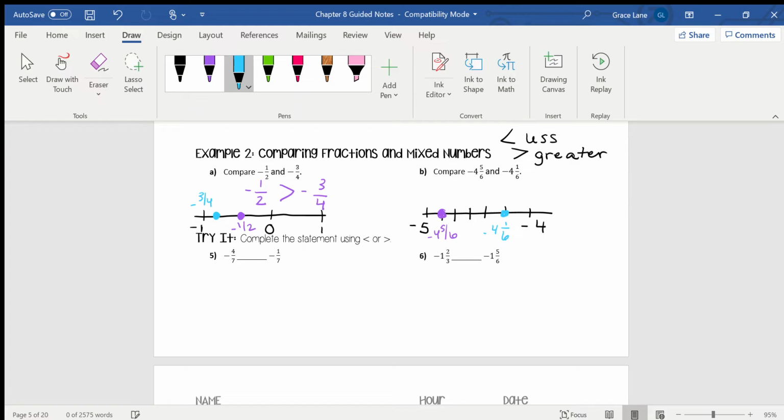And so, based on our integers, again, numbers to the left are less than. And so if you're comparing, -4 and 5/6 is less than -4 and 1/6 because it's further to the left on the number line. So you guys try 5 and 6 real quick.